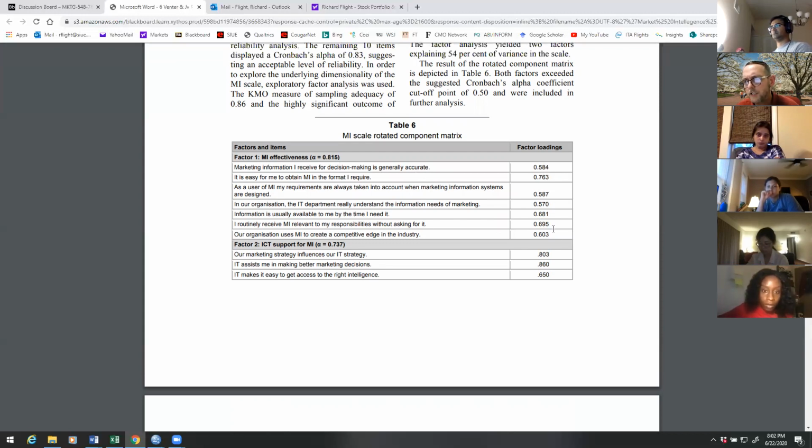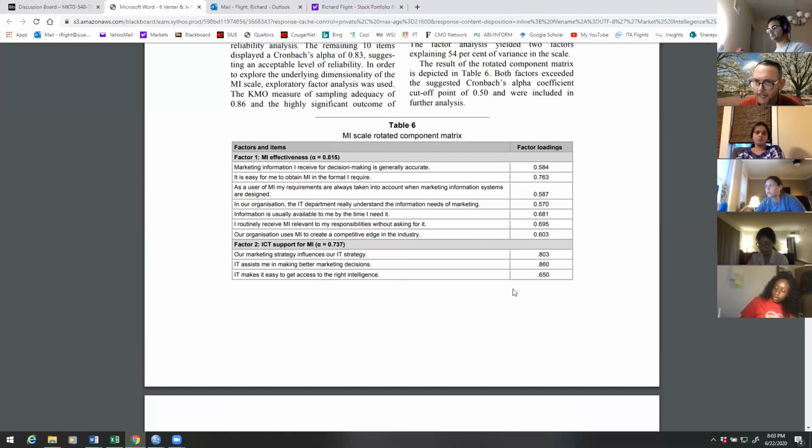One thing to note is that oftentimes with more items you get a bit of a bump on your alpha. So having a larger scale is sometimes good, because it helps balance things out. Moreover, a lot of these numbers are pretty close to each other, so maybe that's helping the alpha a little bit as well.